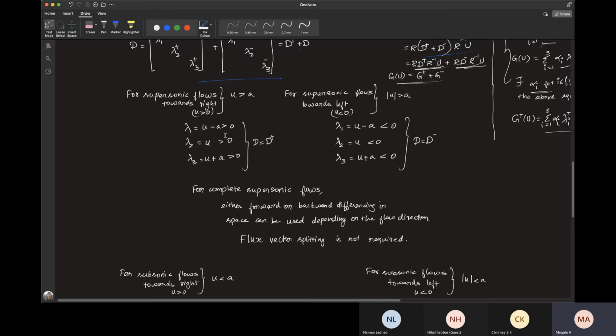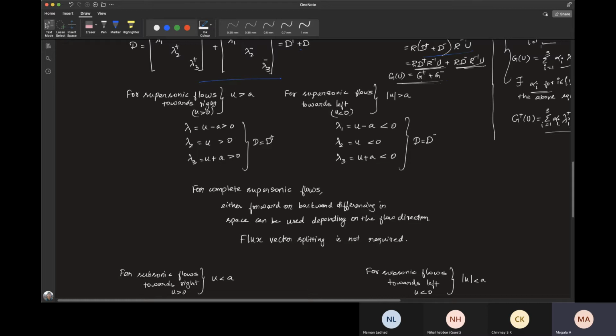So in case of supersonic flows towards right, u will be greater than a, and your lambda 1, which is u minus a, will always be greater than 0 because u is greater than a, and your lambda 2, which is u, will also be greater than 0 because for flow towards right, u is greater than 0, and your third eigenvalue, u plus a, will also be greater than 0 because both u and a are greater than 0. So all the three eigenvalues are positive. So here D will be completely equal to D plus and D minus will be 0.